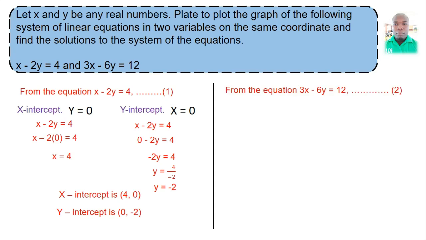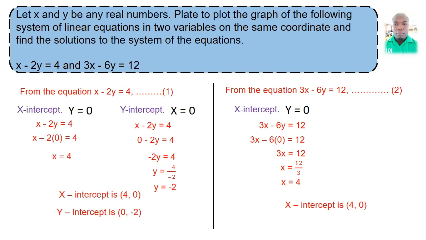Let's go on to equation number 2, 3x minus 6y equals 12. Let's get the x-intercept, and of course y equals 0. Now we will write 0 instead of y. Therefore we have 3x minus 6 times 0 equals 12, and therefore x equals 4, and the x-intercept is 4, 0.